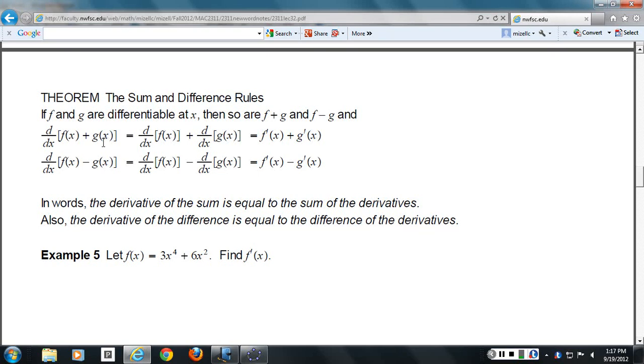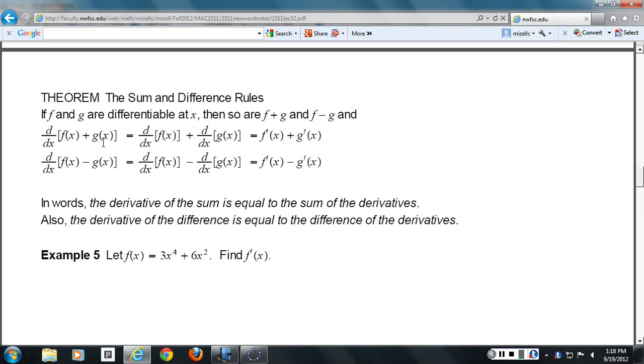Now to apply this, each of the functions needs to be differentiable at x, but if each function is differentiable at x, then the sum function f plus g, the difference function f minus g, are both differentiable, and you can find the derivatives just by finding the derivative of f, finding the derivative of g, and adding them together.